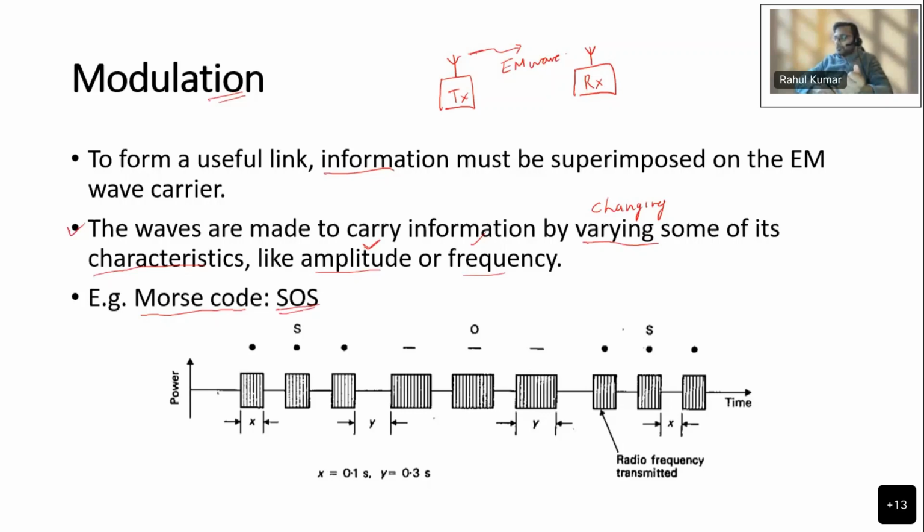Basically, corresponding to a dot, you turn on the transmitter for a short duration, and corresponding to a dash, your transmitter is on for a long duration. That's how we send the signal.